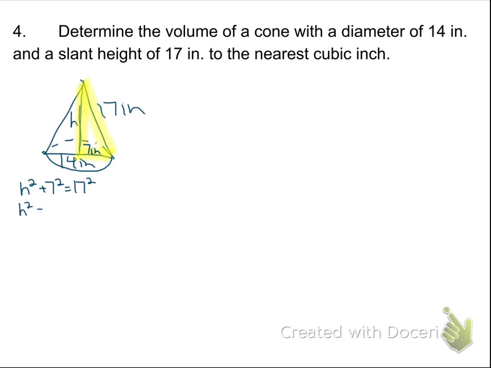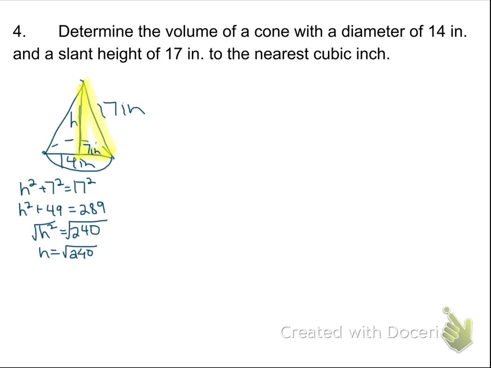And again, you should know how to do this on your own. Subtract the 49 from both sides, you get 240, and then square root that. H is the square root of 240, which we could round, but we want to carry all those decimals in our calculator as far as we can.